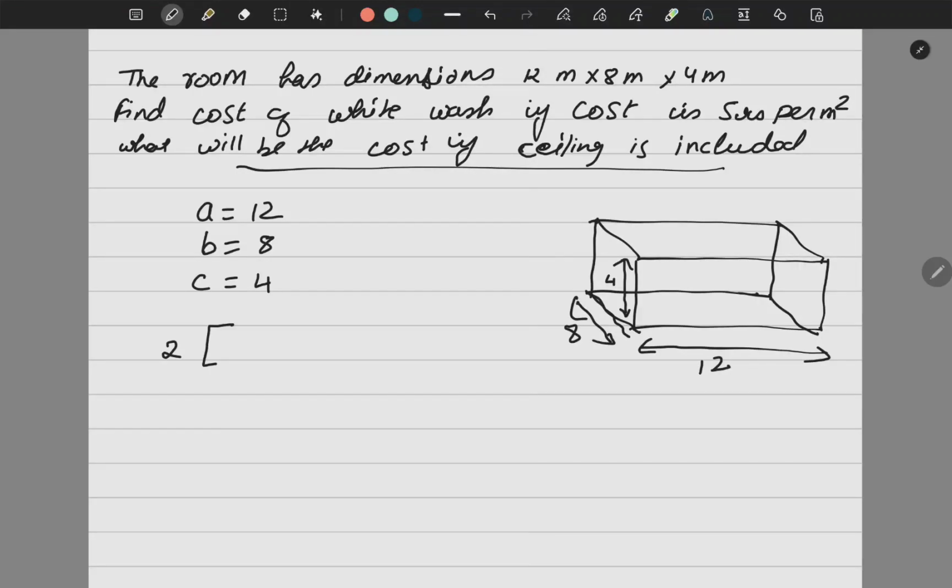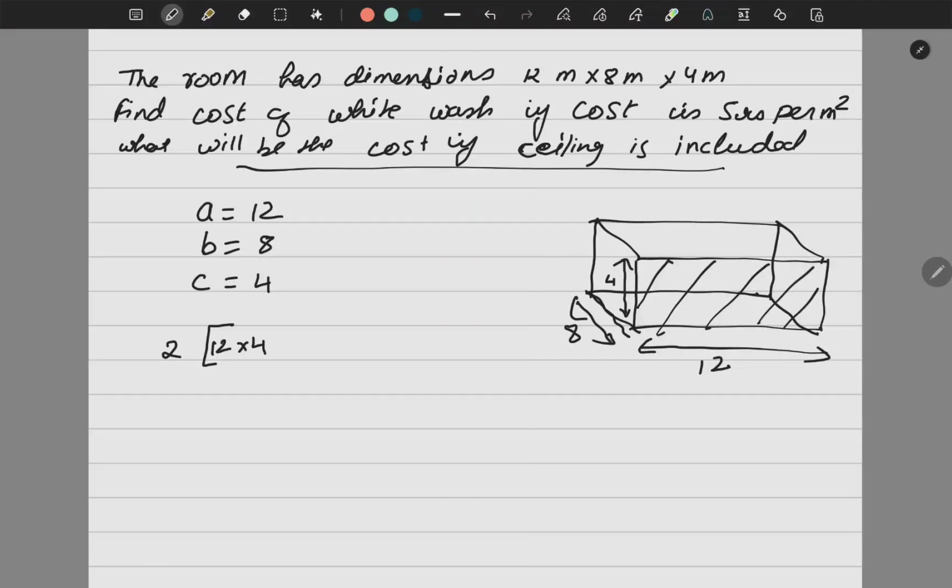So now what I will be doing, I will be finding out the surface area, but I need to make sure that I am not using the base and the height. So now tell me, what is the surface area of this front wall? The front wall will be 12 into 4. This front wall.